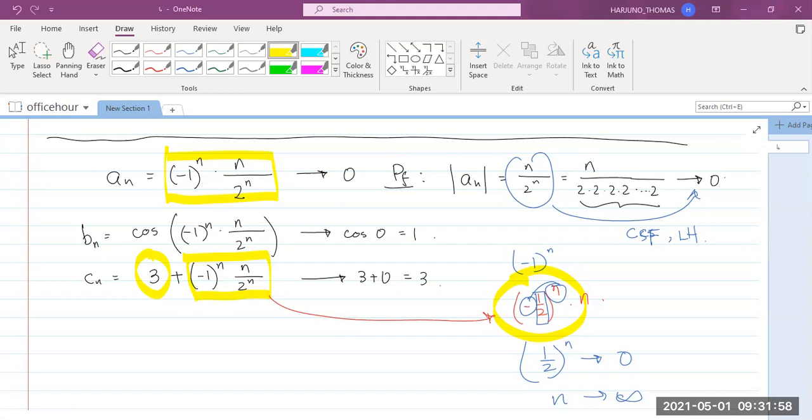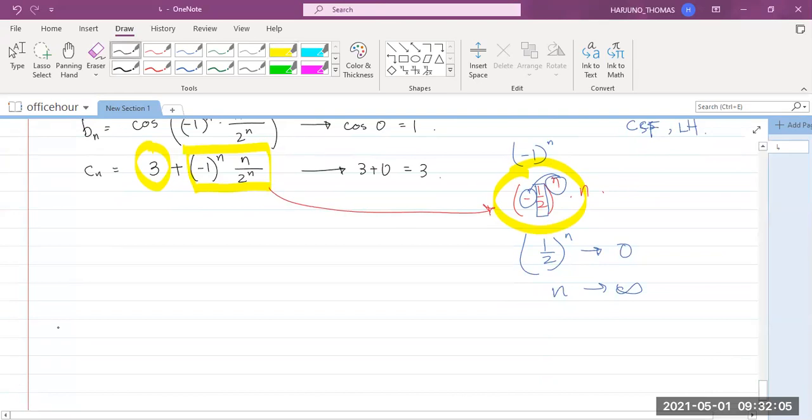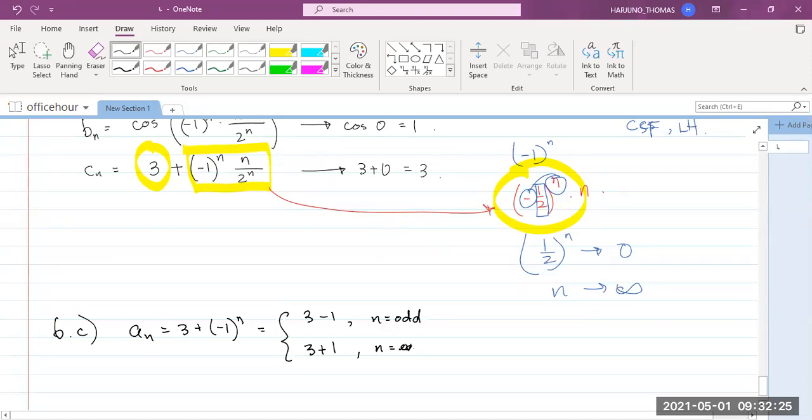You break it up with the (-1)^n first. So for that number 6c, a sub n equals 3 plus (-1)^n. That is equal to 3 minus 1 for n odd, and 3 plus 1 for n even, right? So that's 2 or 4, depending on your terms.